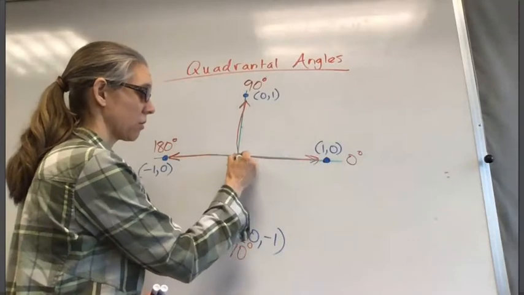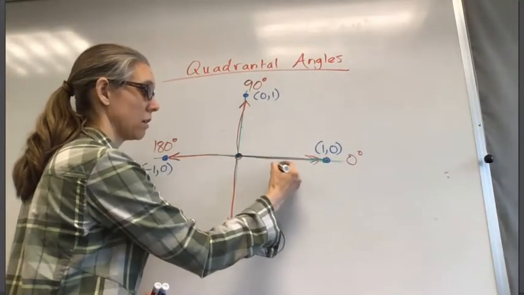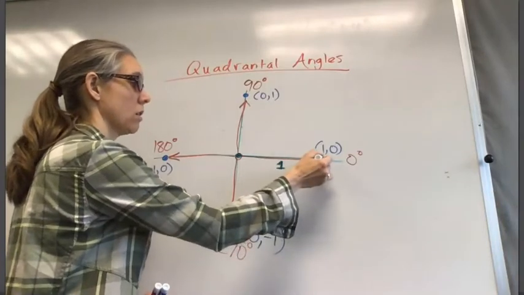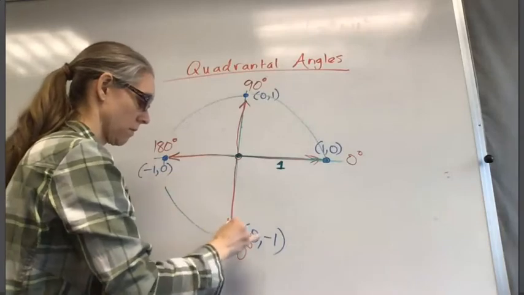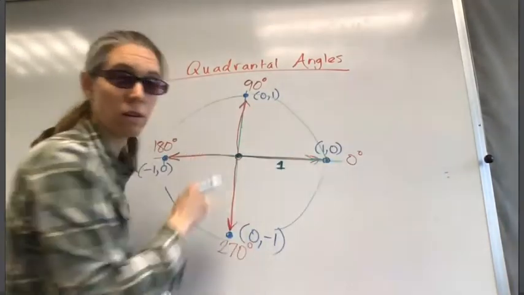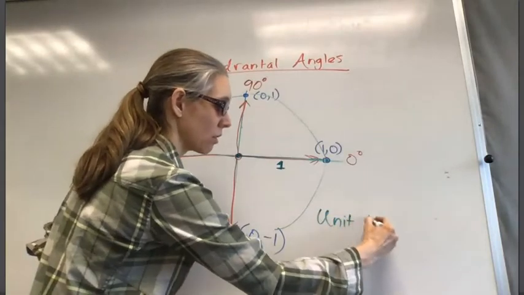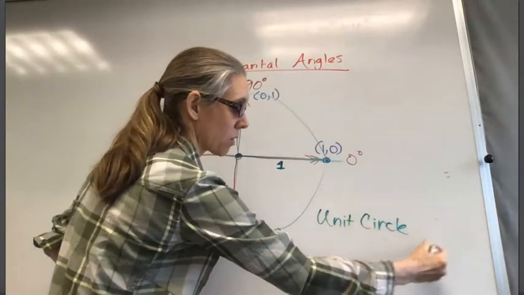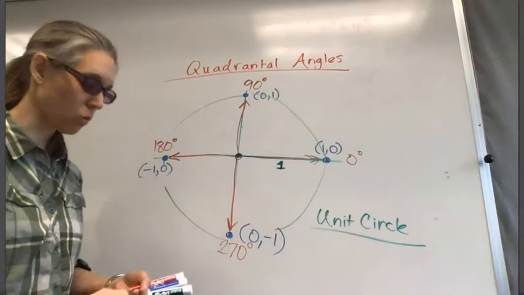The radius from here to here is 1. So I have drawn all of these points on a circle with a radius of 1, which incidentally is called the unit circle, which is very important for this course. The unit circle is a circle with a radius of 1.